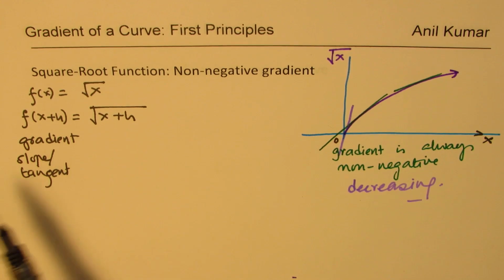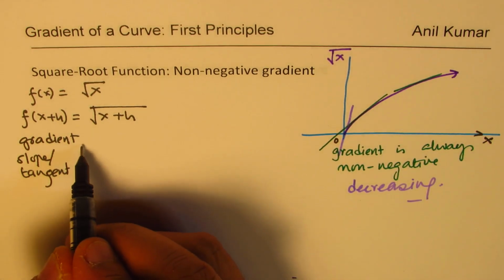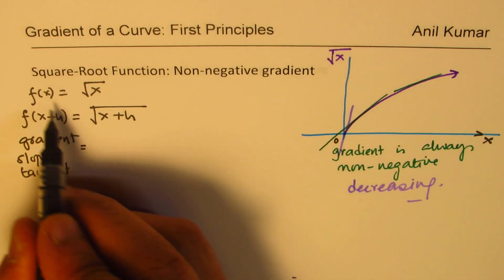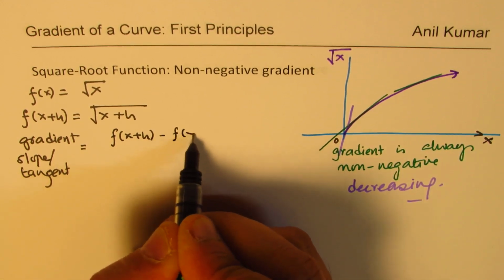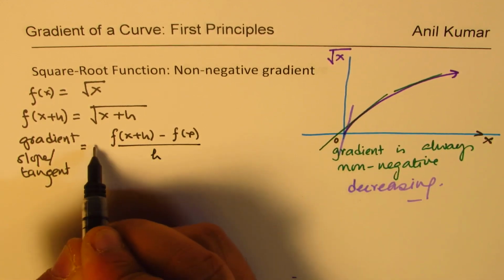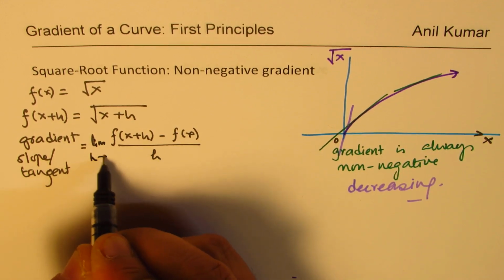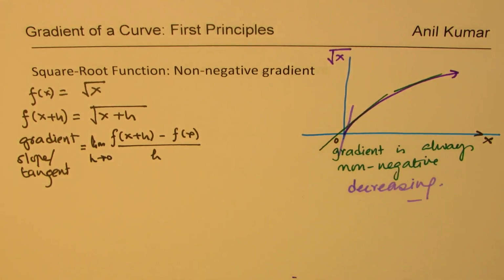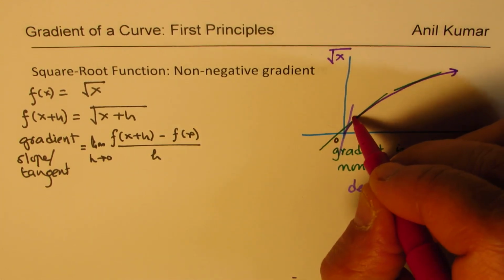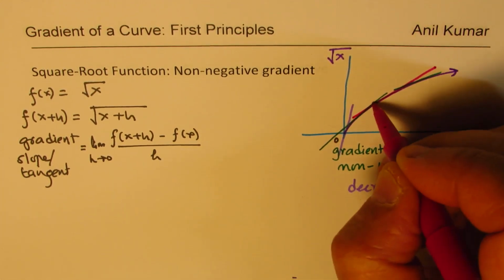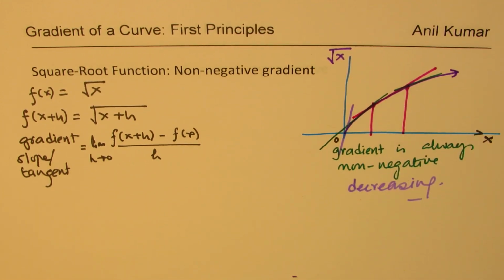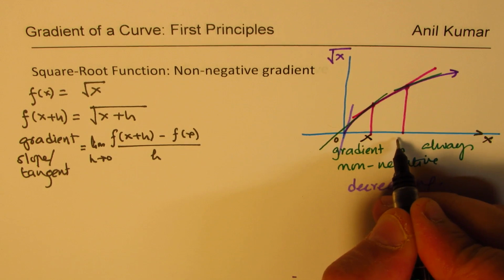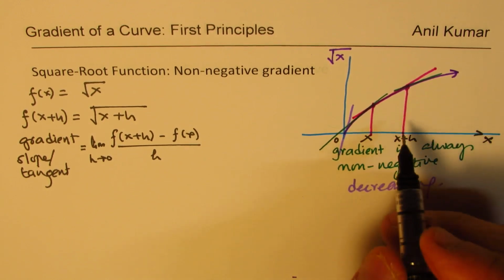Okay. Now, what we learned here is that the gradient here is f of x plus h minus f of x over h when the limit h is approaching 0, where that point h is very, very small, right? So we're considering 2 points on this graph. We are calling this point some value x, and this is x plus h, right?